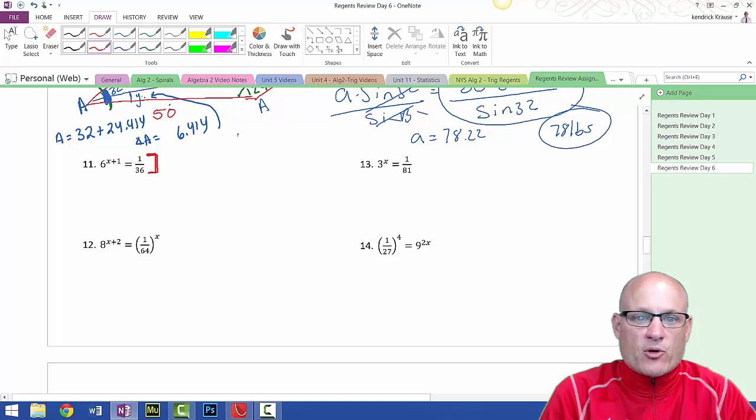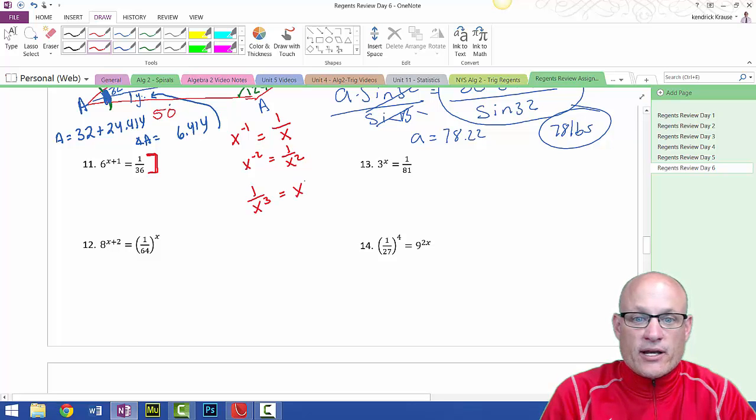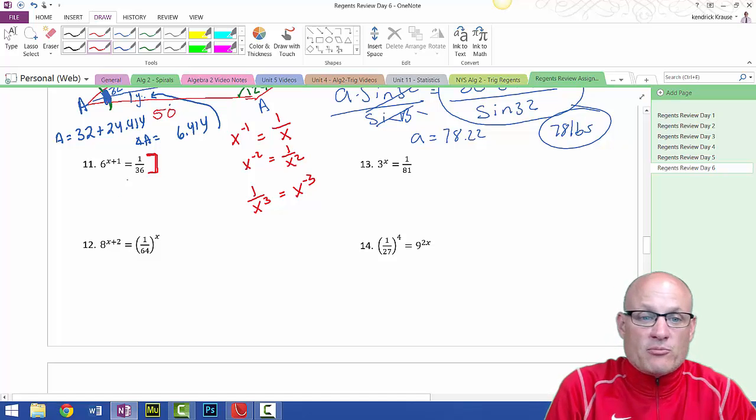If I have x to the negative 1, that's equal to 1 over x. If I have x to the negative 2, that's equal to 1 over x squared. So if I give you 1 over x cubed, could I write that as x to the negative 3? I sure can. Well, that's how we do these problems, believe it or not.